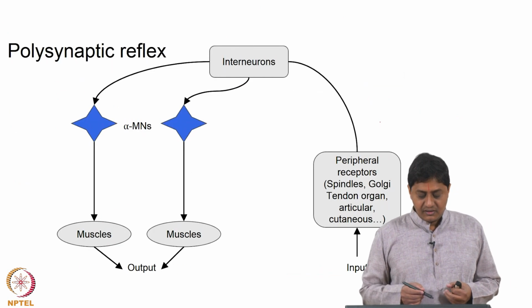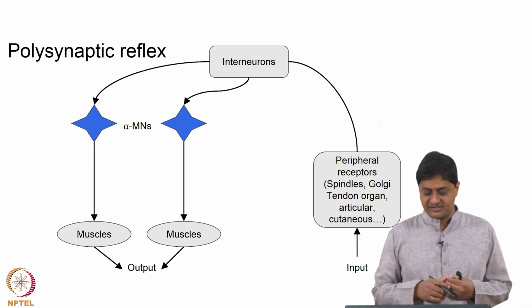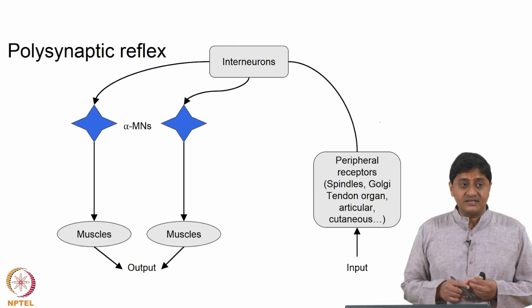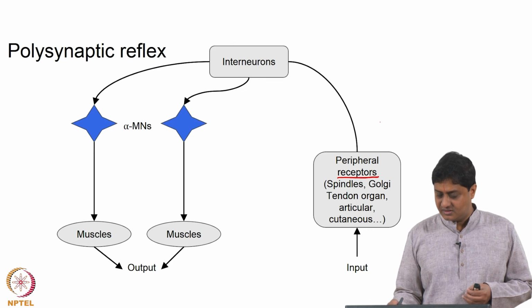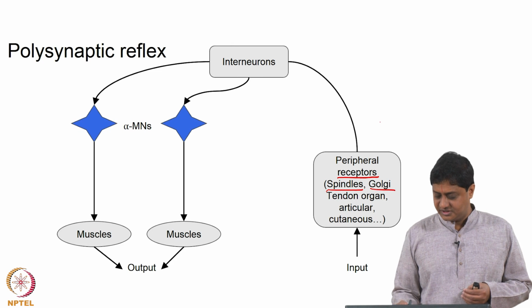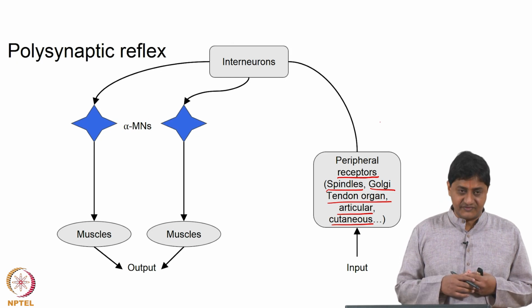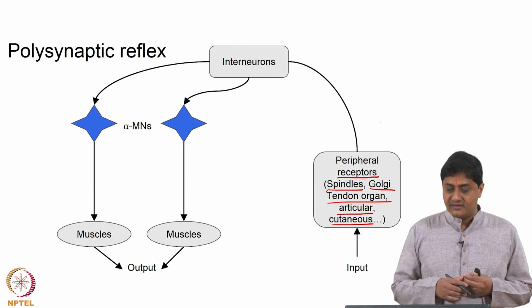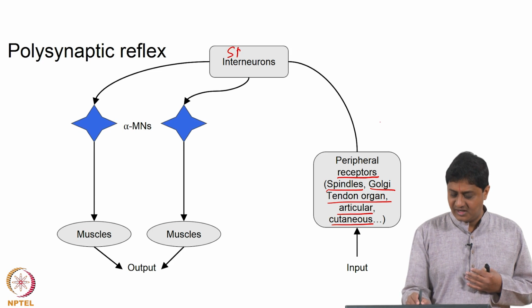Okay. Now, what happens in the case of polysynaptic reflexes? Sensory information from receptors, and this could be any number, spindles, Golgi tendon organs, articular receptors, cutaneous receptors, so many of these send information to interneurons in the spinal cord.